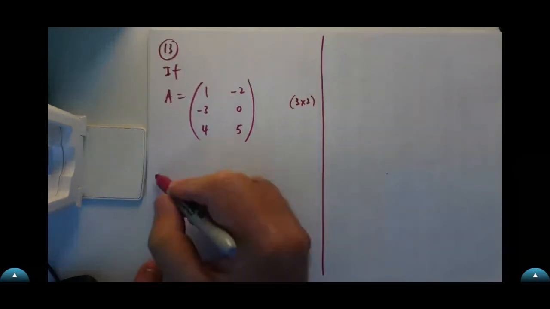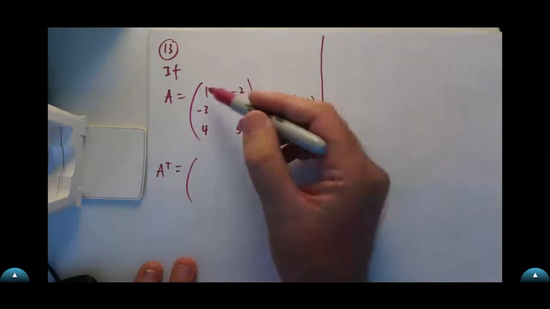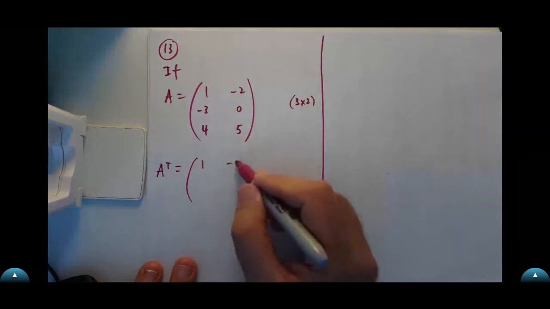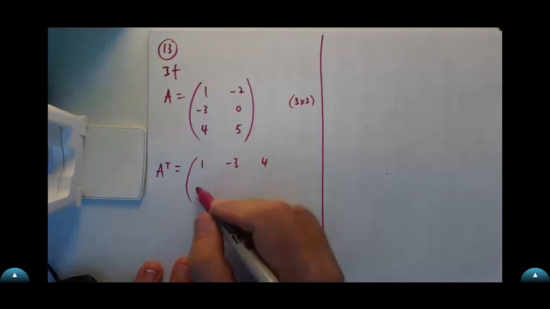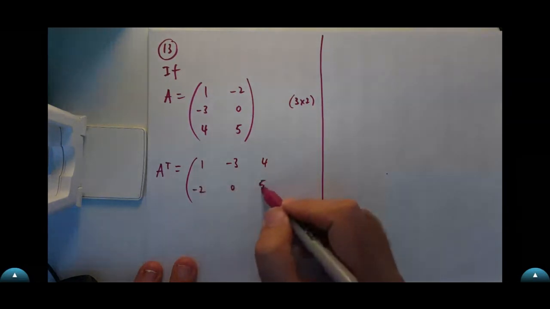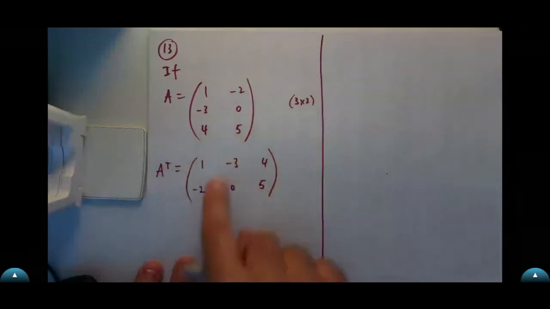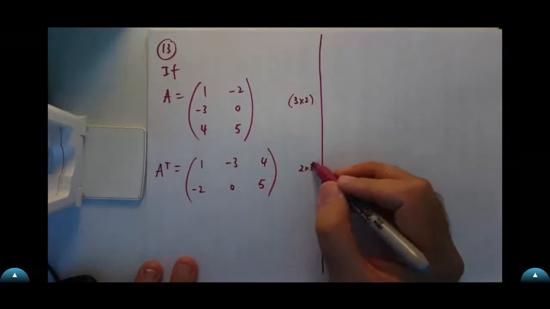To get the transpose, you change the shape. So this column becomes row 1. This column becomes row 2. And notice it's got 3 columns, so these numbers are reversed.